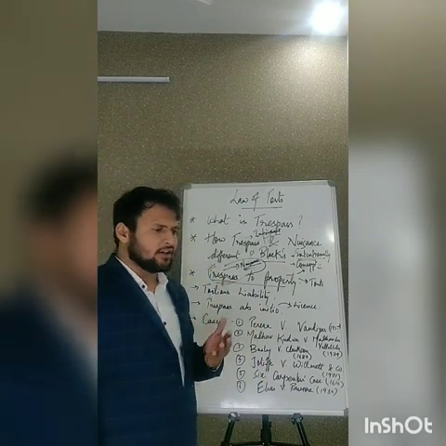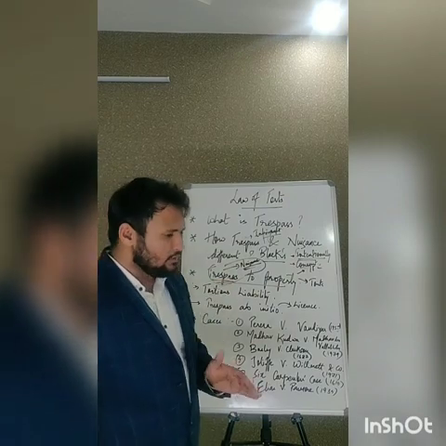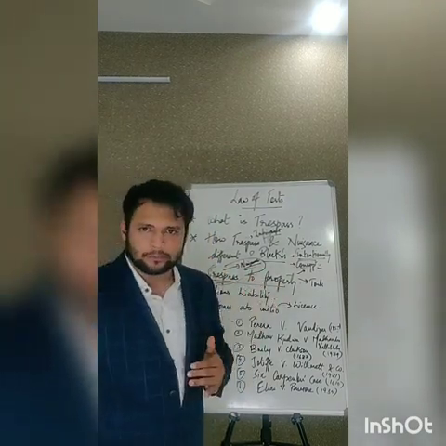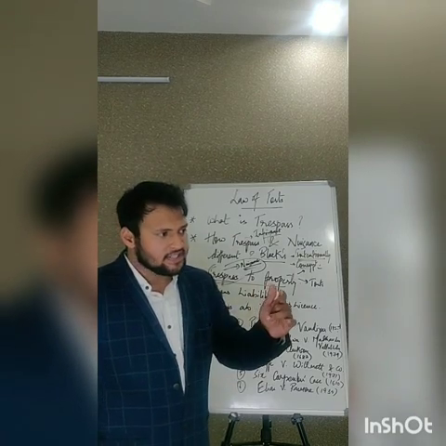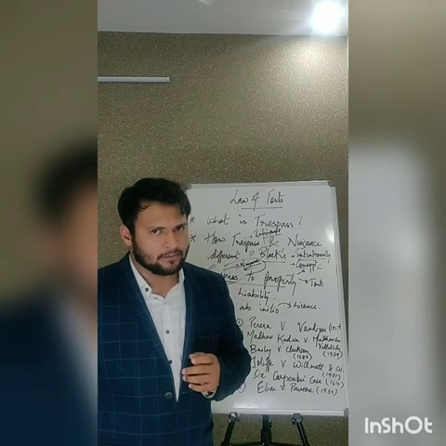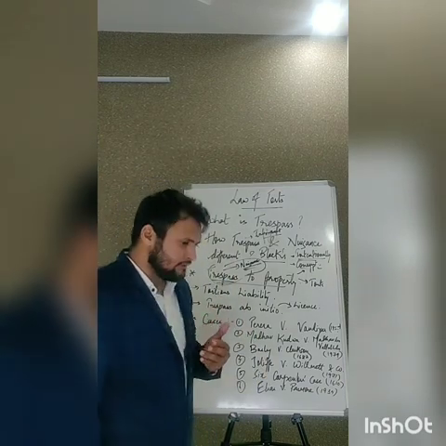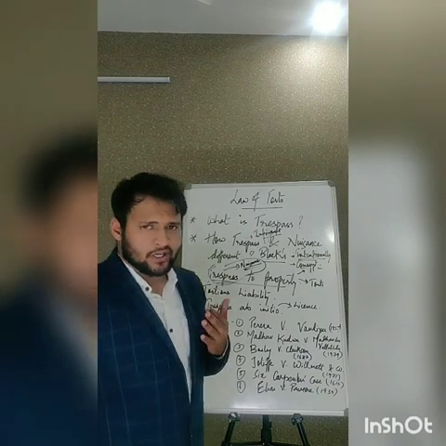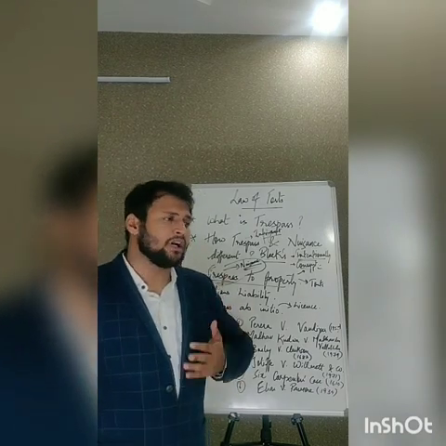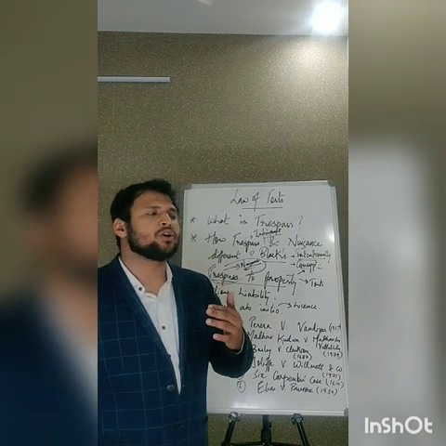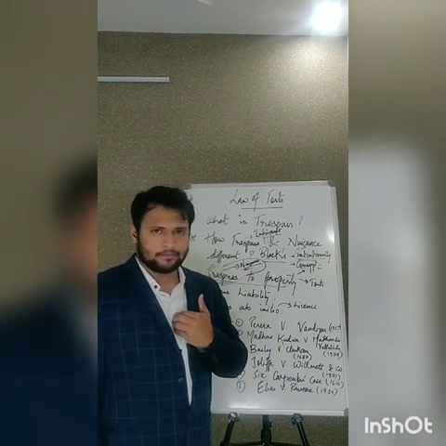I'll explain these two concepts with the help of an example. If someone is entering your property, he is directly challenging your right to your property. But for example, if my neighbor has constructed a multi-storied building, and because of that building I am not able to enjoy the sunlight, that means I am not able to enjoy my property.